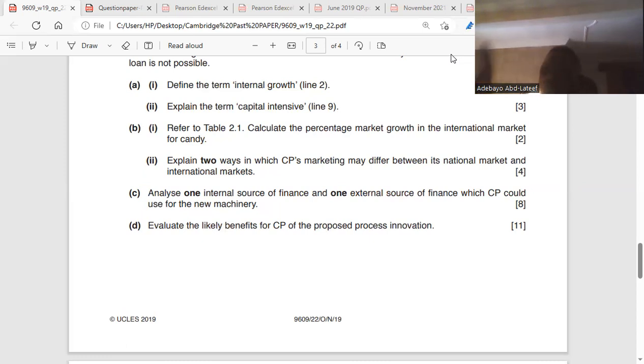When we talk about product portfolio, it allows CP to use the Boston matrix, which has the cash cow, the dog, the star, and the problem child. Any question about that? No. So we're done.